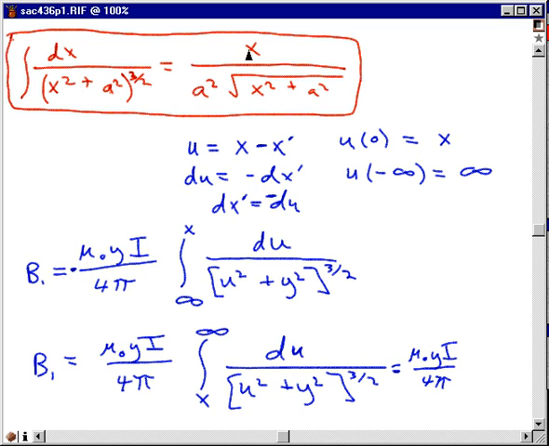I need the x, which was the variable of integration, so that would be the u here, divided by the constant squared. The constant squared is a here, but it's y in our problem. And then times the square root of the variable of integration squared plus the constant squared.